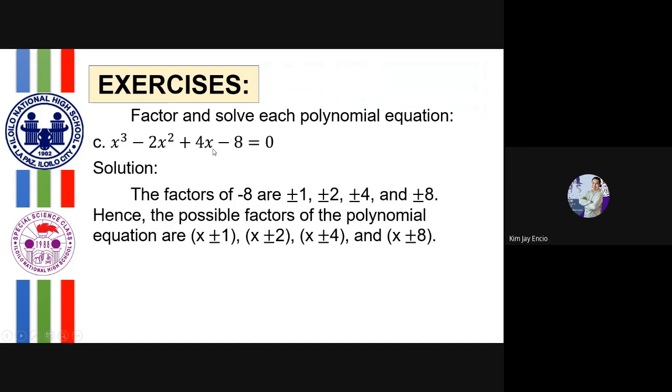And you just get the factors of 8. The factors of negative 8 are plus minus 1, plus minus 2, plus minus 4, and plus minus 8. Hence, the possible factors are x plus minus 1, x plus minus 2, x plus minus 4, and x plus minus 8.